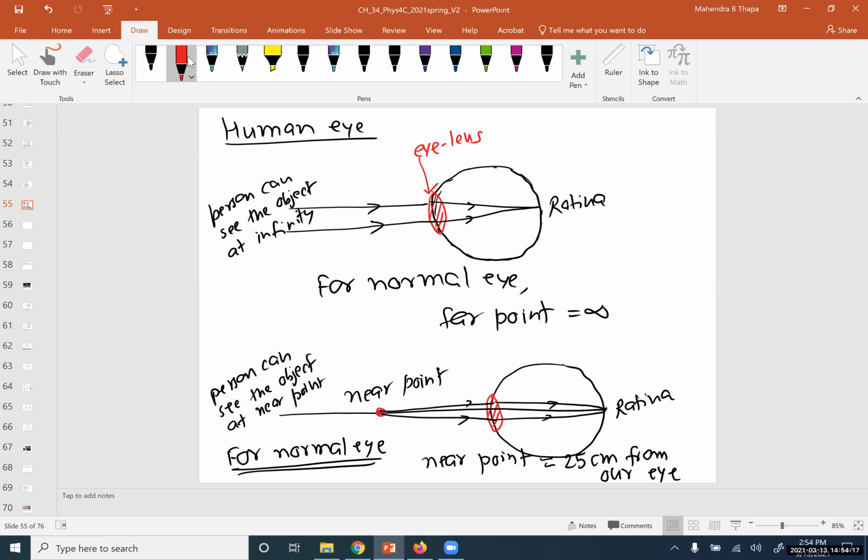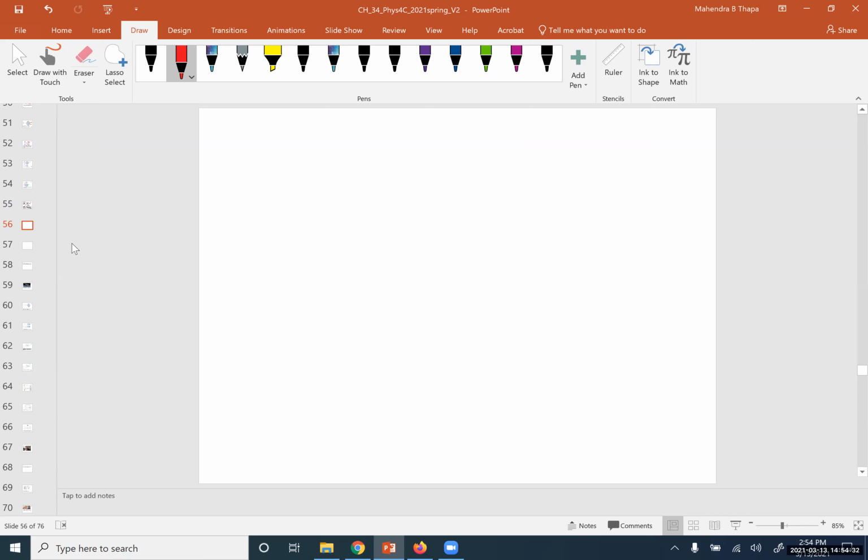Up to this point, we are talking about the eye which has no defect. Now, let's come to our point. Let's talk about two kinds of defective vision.